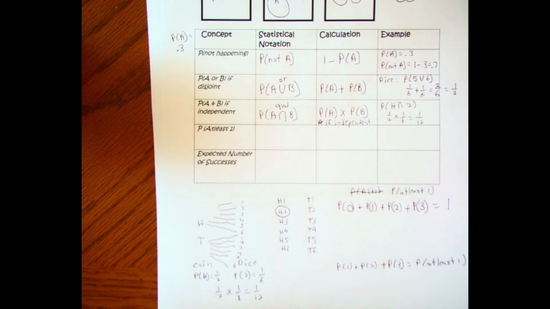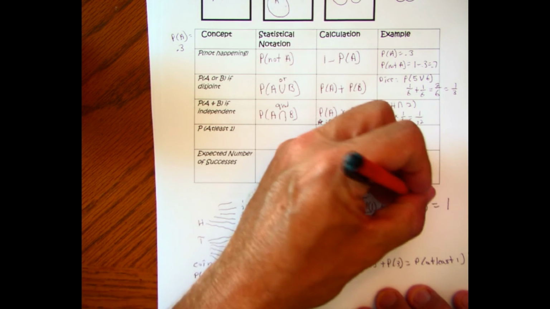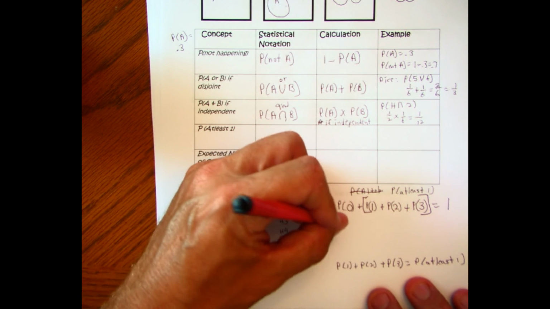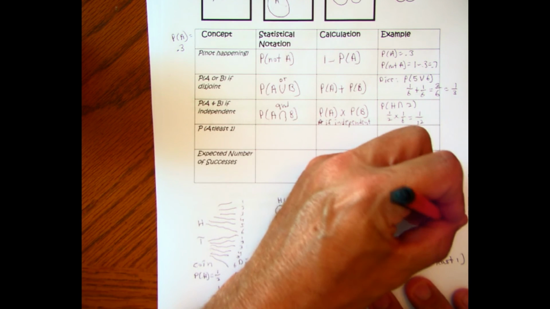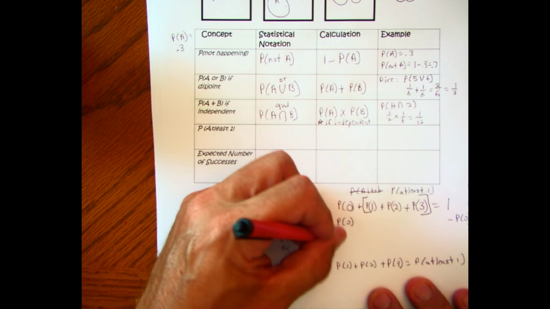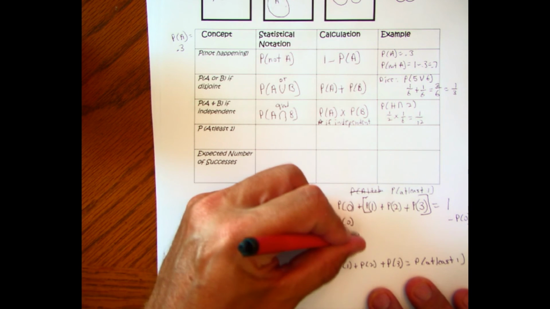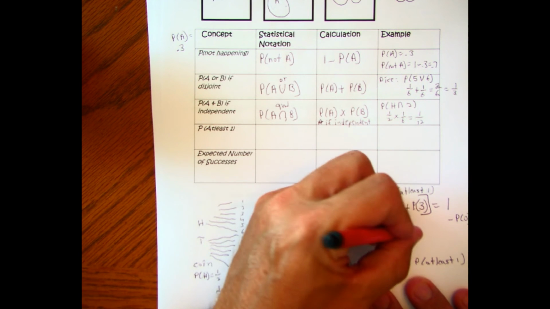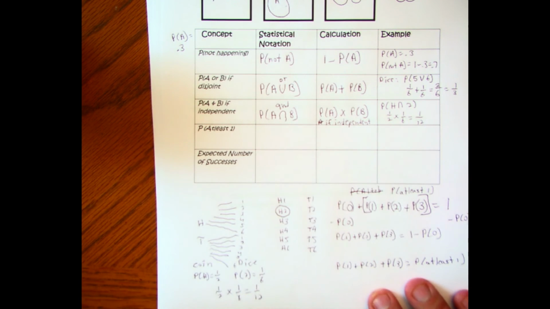But there's another way to do it. I want to know that sum, but I don't feel like doing all that. What could I do? I could subtract the probability of none from both sides. So the probability of 1 plus the probability of 2 plus the probability of 3 equals 1 minus the probability of none.